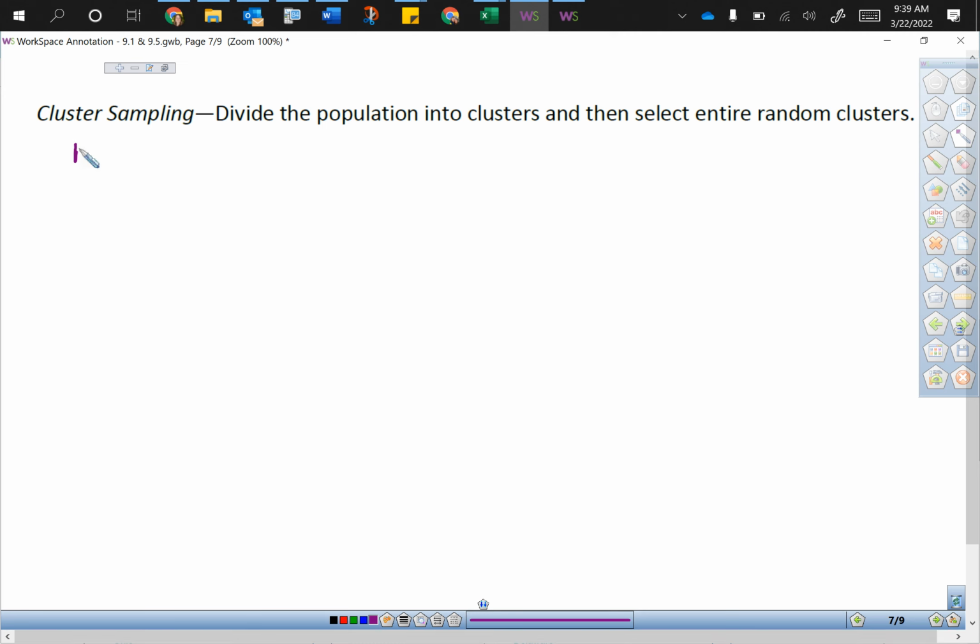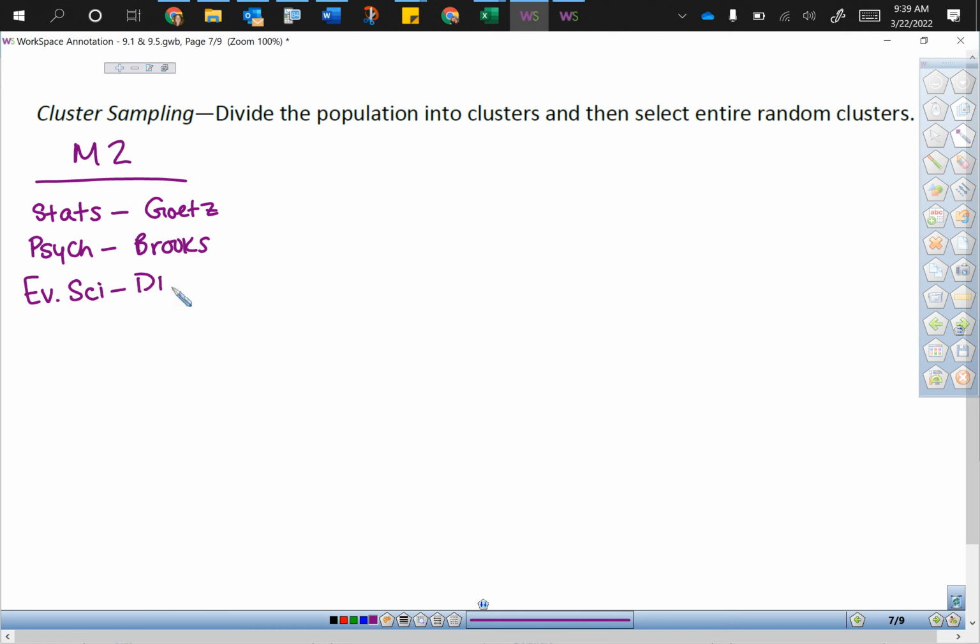So let's just talk about the hour for M2, okay? Now, I would divide the population into clusters. So M2 would be Mrs. Getz's stats class, Mr. Brooks's psych class, maybe there's an environmental science class with Dickerson.